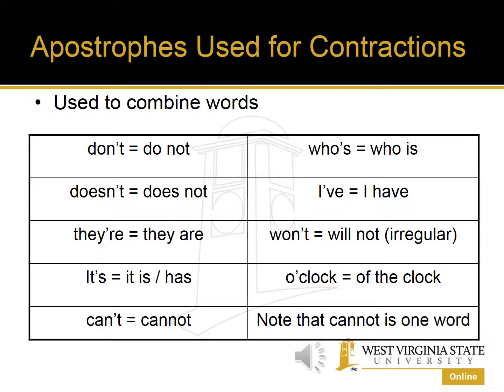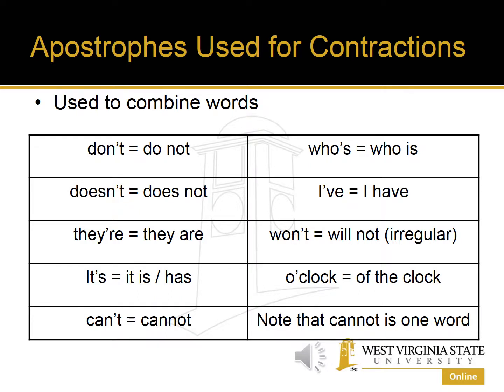Don't representing do not, doesn't representing does not, they're representing they are, it's representing it is or it has, who's representing who is, I've representing I have, won't representing will not. Notice that that's irregular. O'clock representing of the clock. And then the last one here is can't, which represents cannot.